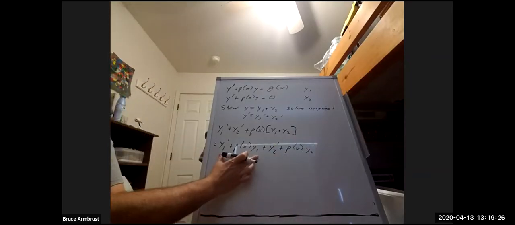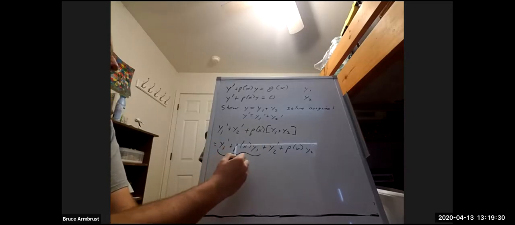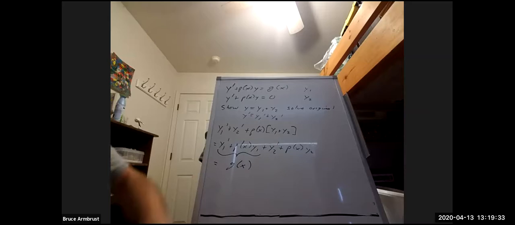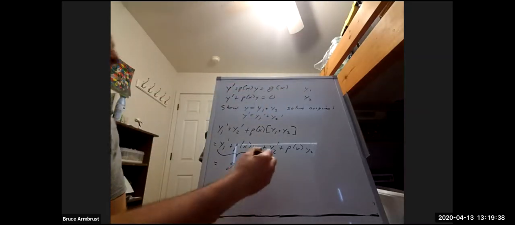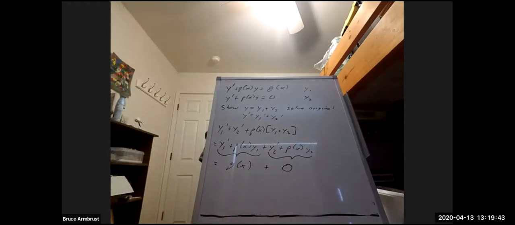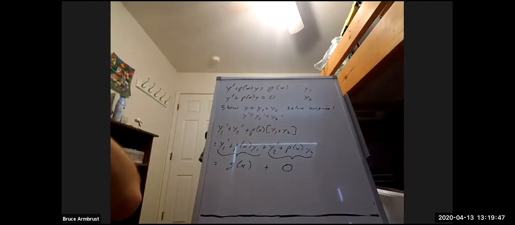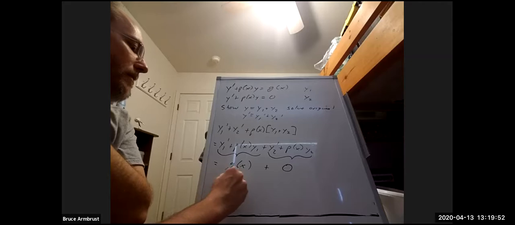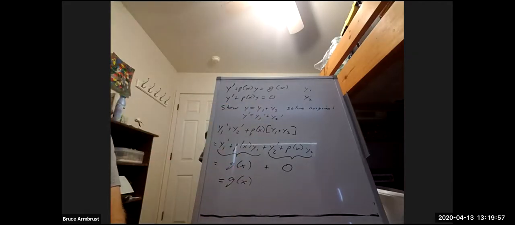The first set is going to equal g of x because y1 was a solution to the first differential equation. This second pair is going to equal 0 because y2 was the solution to the homogeneous. And of course, since g of x plus 0 equals g of x, we see that y1 plus y2 also satisfies the original differential equation.